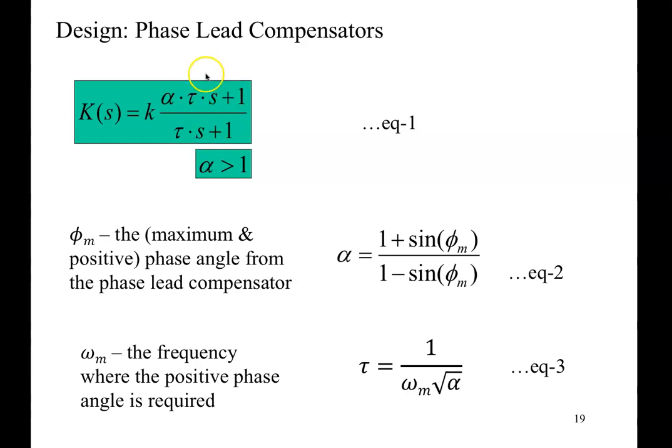Okay. Now, to work out some of these parameters, I have 2 other equations that can be used. One is to work out the alpha value from how much phase angle we want. Okay, so say if we want a particular value of phi, then I can use this formula to work out the alpha value. So I know alpha will determine how much maximum positive phase angle I can get out of this compensator.